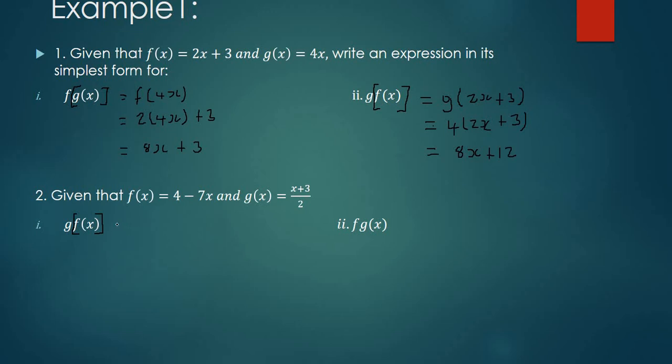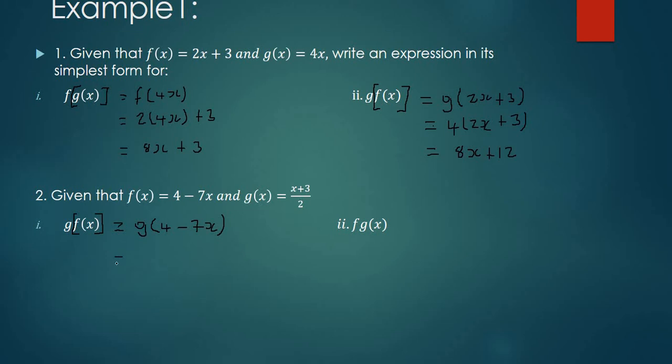So this is the same thing as saying g of, instead of putting back f of x here, we know that f of x is 4 minus 7x. So we're going to find g of 4 minus 7x. It's all about substitution here. This is saying where you see x in the function g of x, replace it with 4 minus 7x.